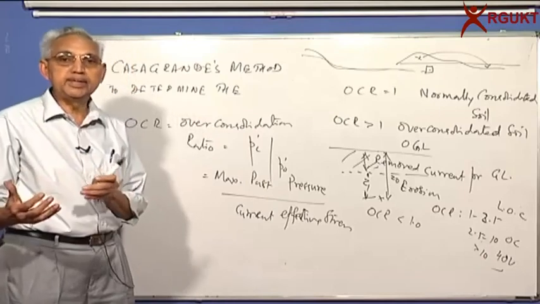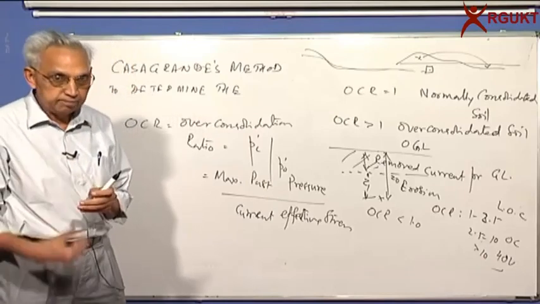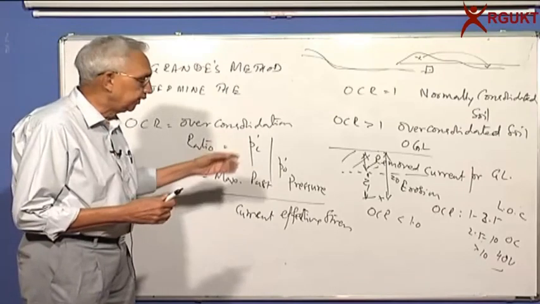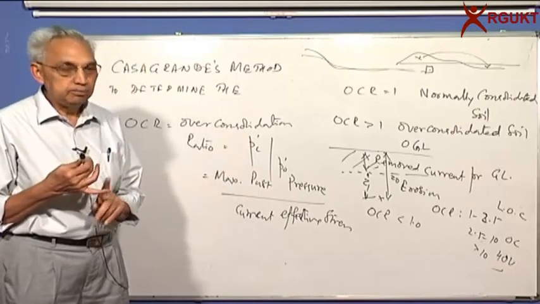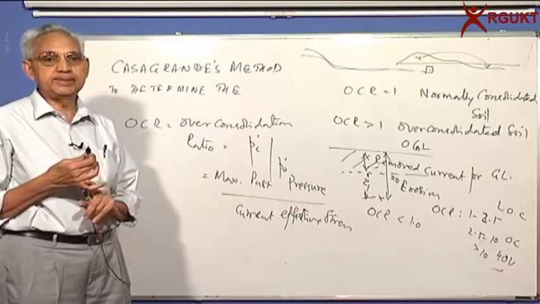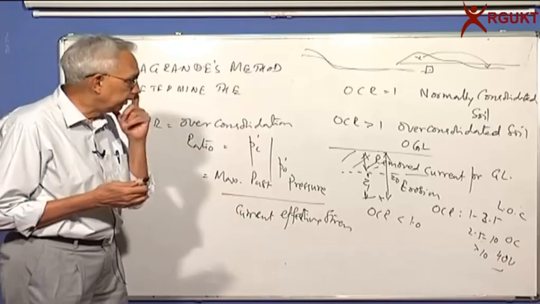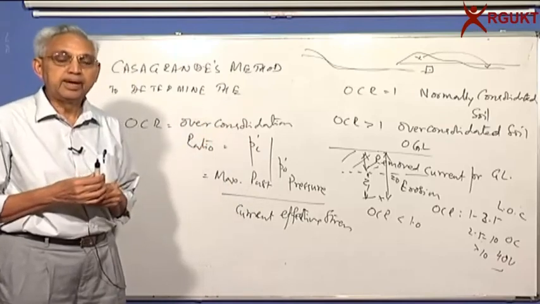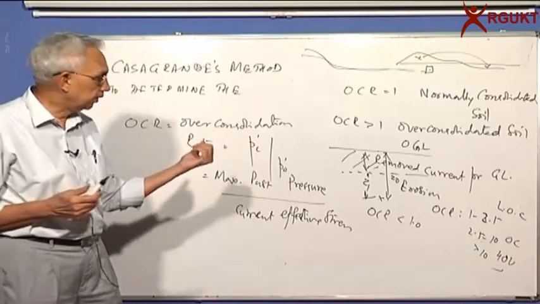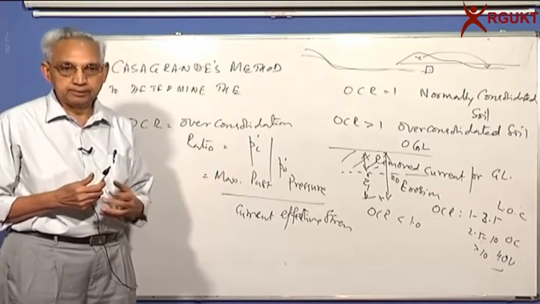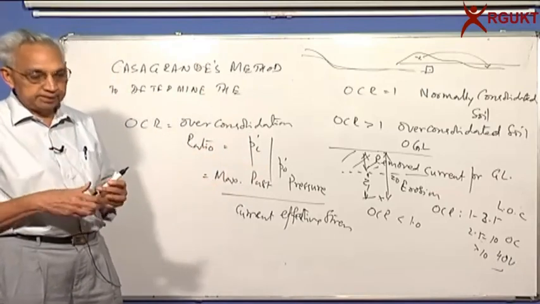No other engineering material has this kind of memory. So we now found out how to characterize the slope by CC and CS. We can determine the maximum past pressure, and we can define a term called OCR, which will tell us the state in which the soil is existing.